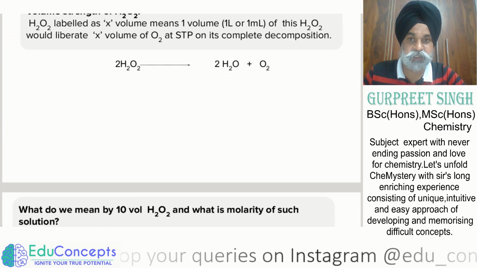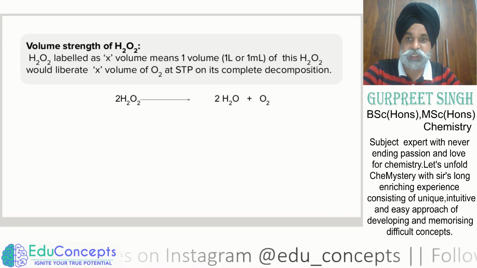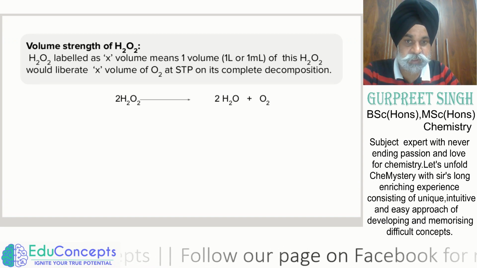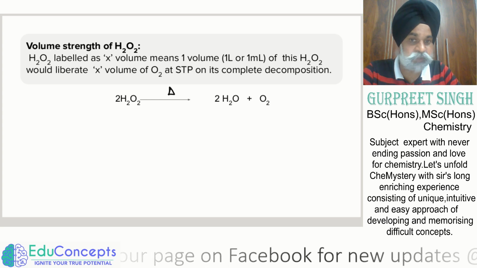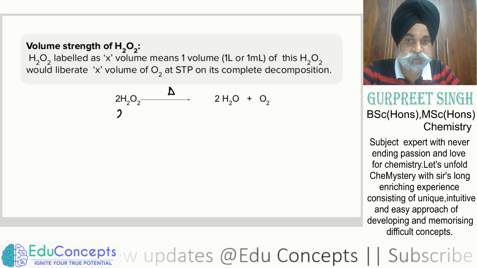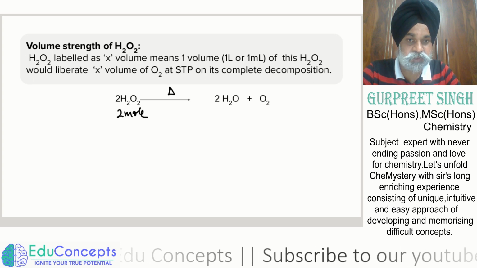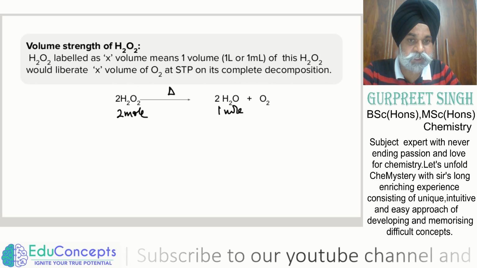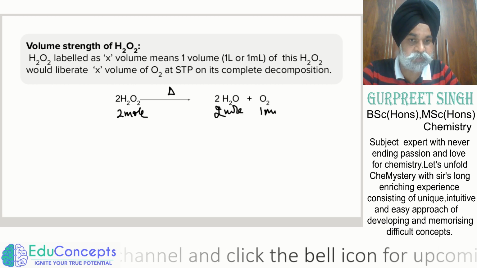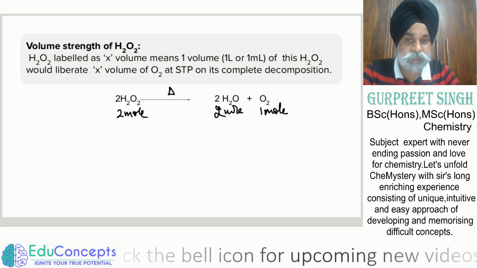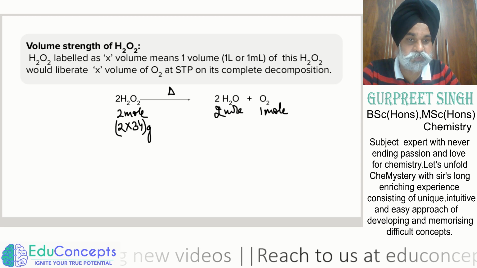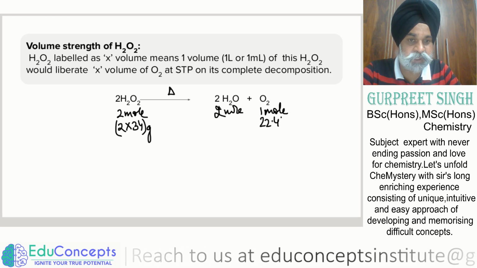Before I get on with what it actually is, let me first tell you this is a very popular decomposition reaction where H2O2 is decomposing. 2 moles of H2O2 give 2 moles of water and 1 mole of oxygen. So I may also say that this much grams of H2O2 would produce 22.4 liters.